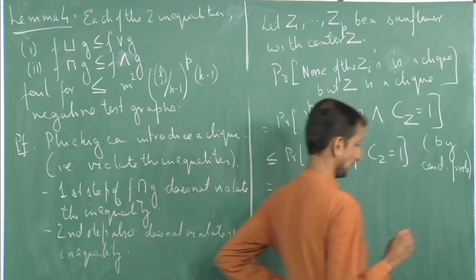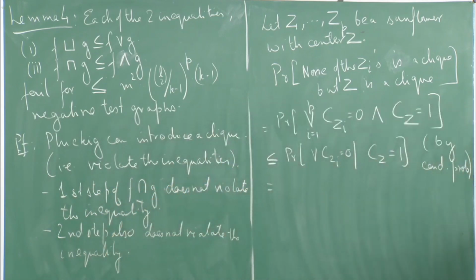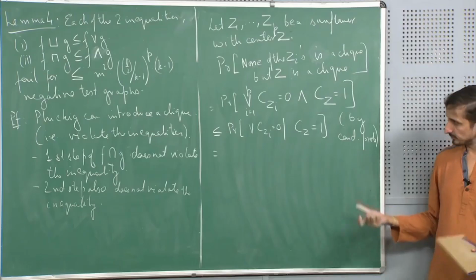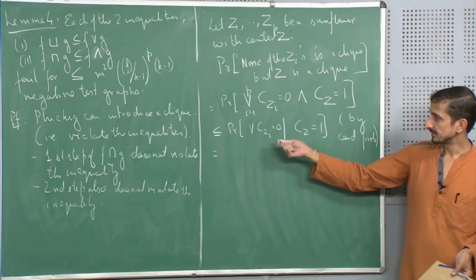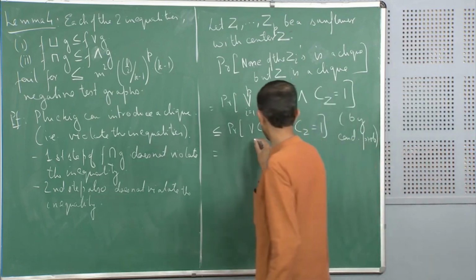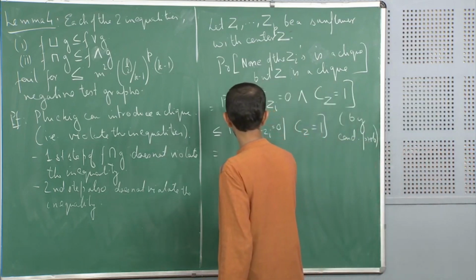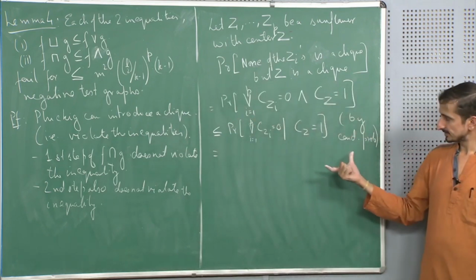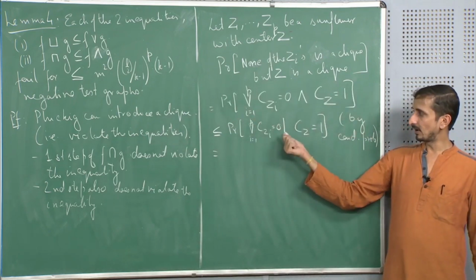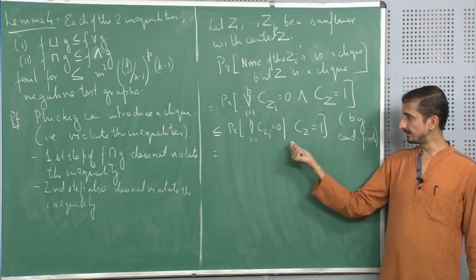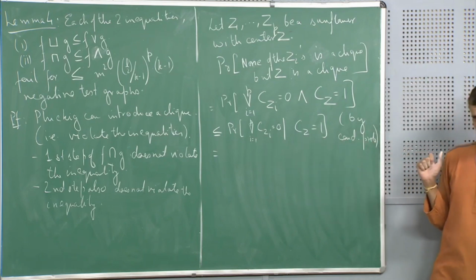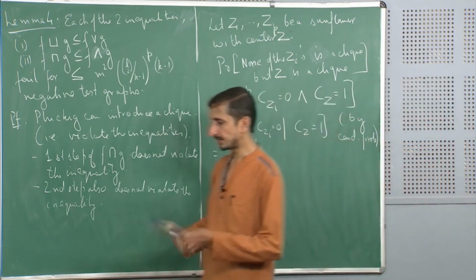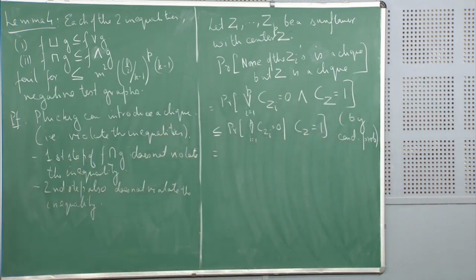Now what can I say from this? So look at each of these events. How many events are there? I going from 1 to p. So look at each of these events, CZi equal to 0 given CZ equal to 1. What can you say about all these events?